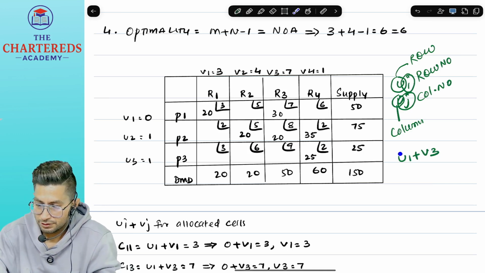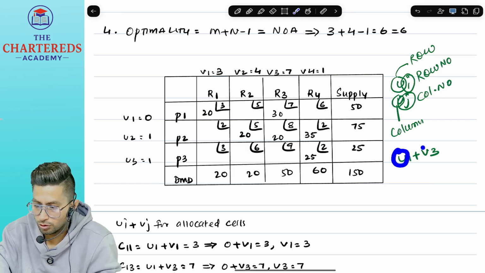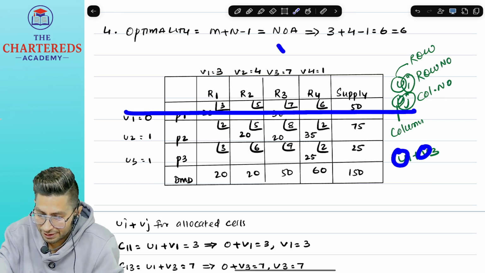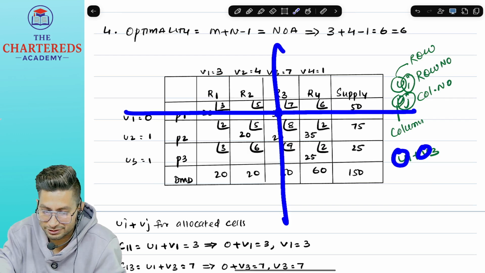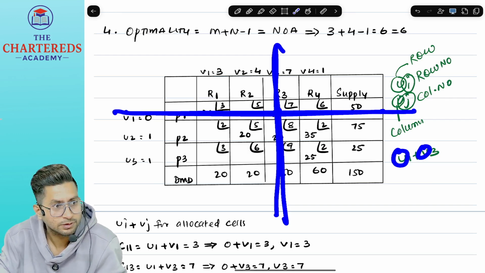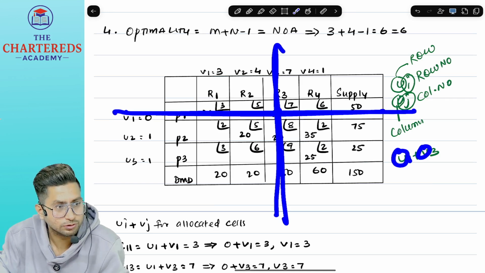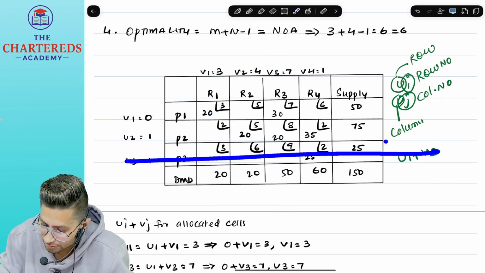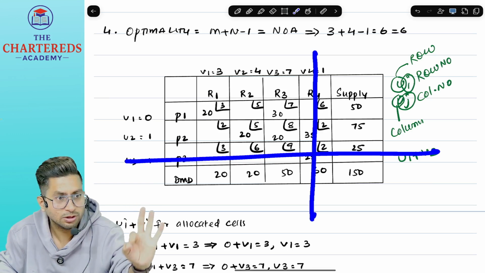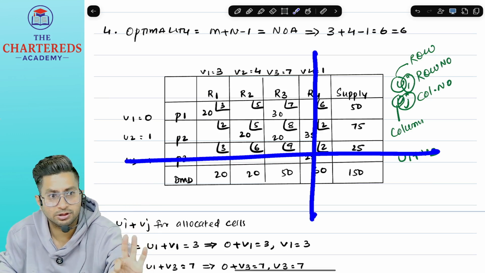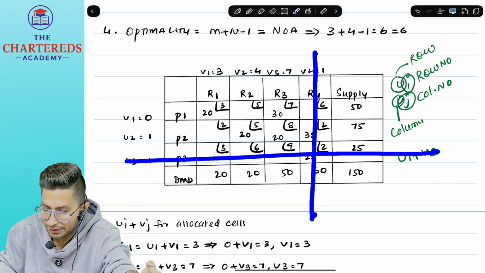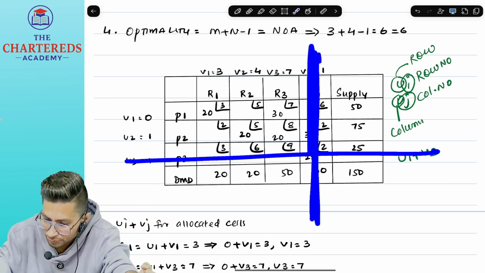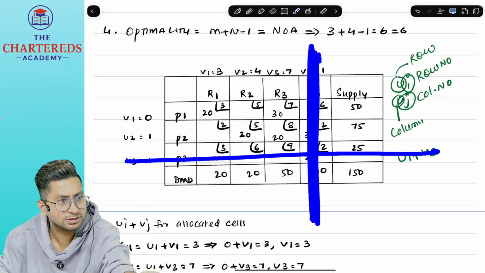So beside U I will write 1, and V is column, so beside V I will write 3. One more example, you tell. Which row? Third row, so U3, and which column? Fourth column, V4. U3 plus V4. Simple.